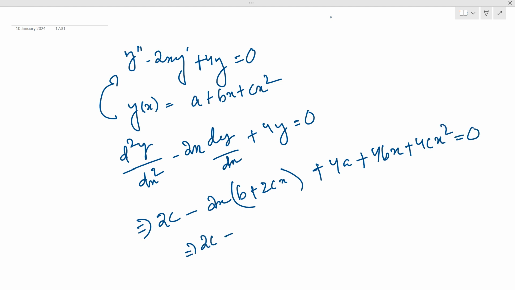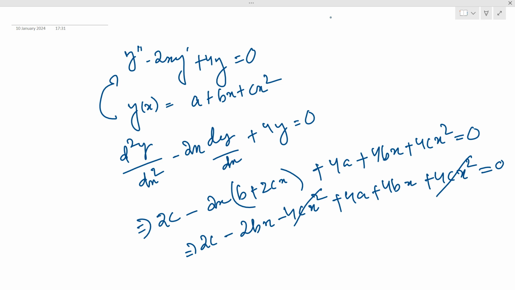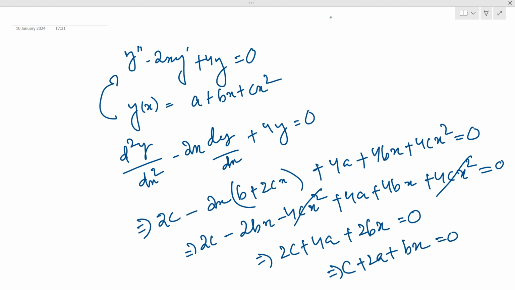So 2c minus 2bx minus 4cx square plus 4a plus 4bx plus 4cx square is equal to 0. These two got cancelled. So 2c plus 4a plus 2bx is equal to 0. Okay, so c plus 2a plus bx is equal to 0. This is what I'm getting.